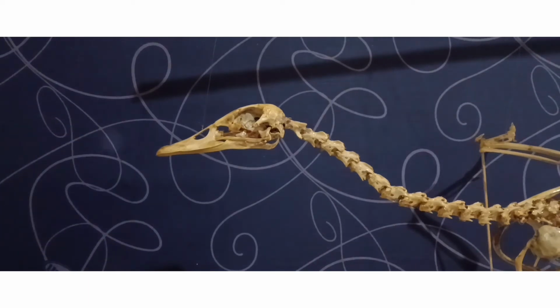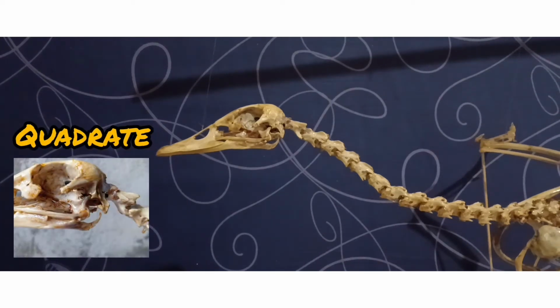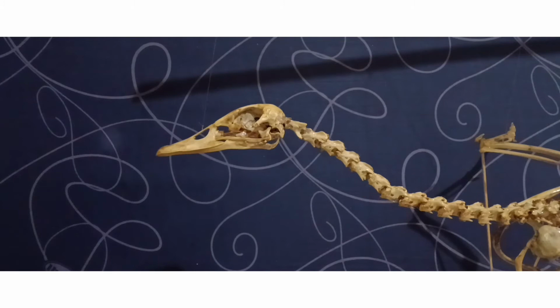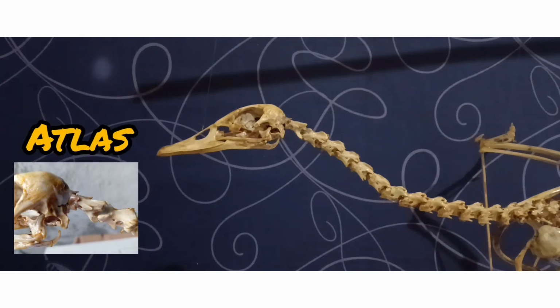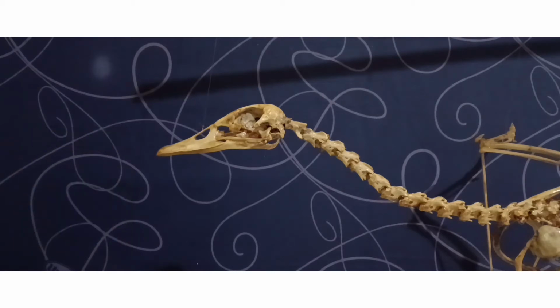Next to the skull, we have the quadrate. Quadrate is a part of the beak suspension and plays an important role in craniokinesis. Next to the quadrate, we have the atlas. Atlas is small and ring-like with a deep cavity for articulation with a single projection or condyle at the base of the skull.